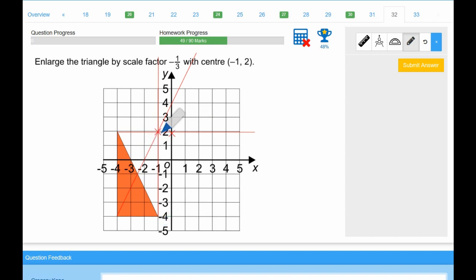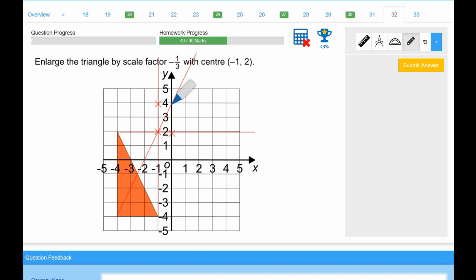If I look at this one, I'm going down 1, 2, 3, 4, 6 down. Well, a third of 6 is 2. I'm going the opposite direction, so it should be just there. And then for this one, I'm going 1, 2, 3 to the left, 6 down. So it should be a third of that, 1 to the right, and 2 up.